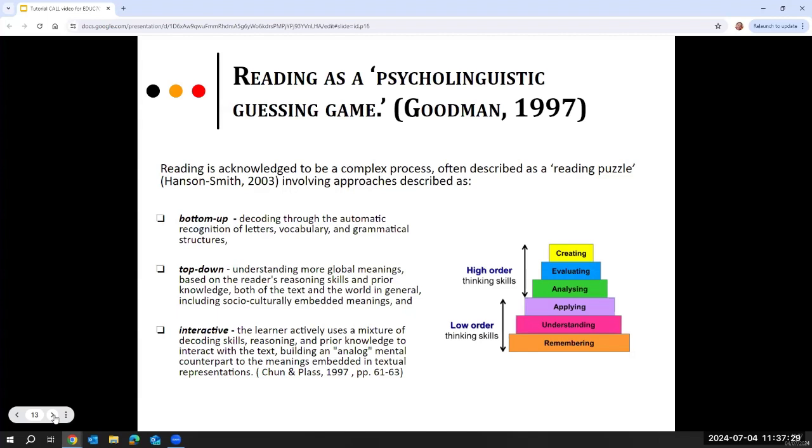So in the interactive strategy, the learner actively uses a mixture of decoding skills, reasoning, and prior knowledge to interact with the text and respond or create something to be able to respond to that message that has been received.